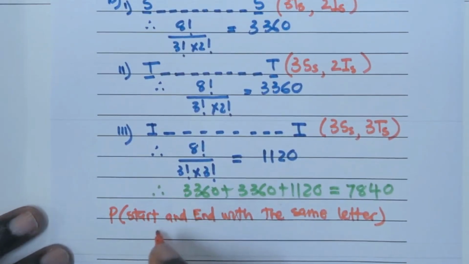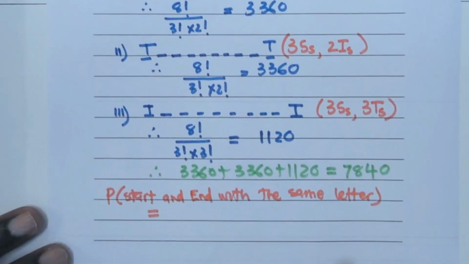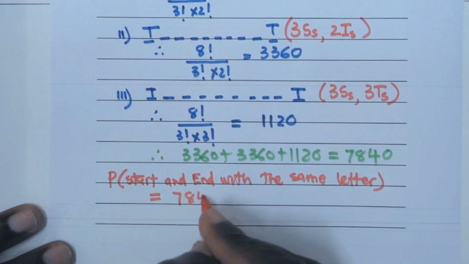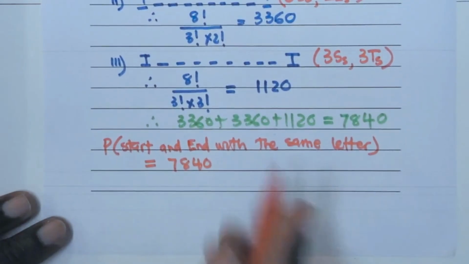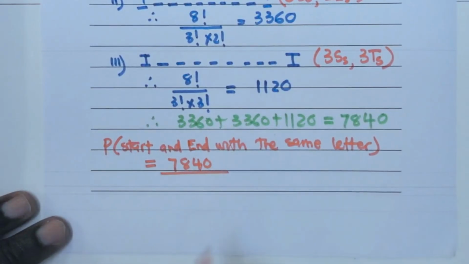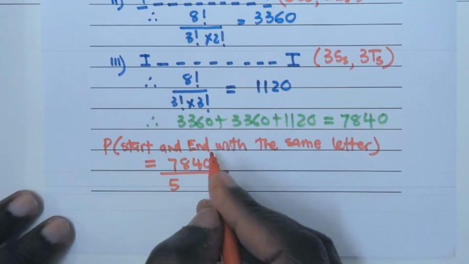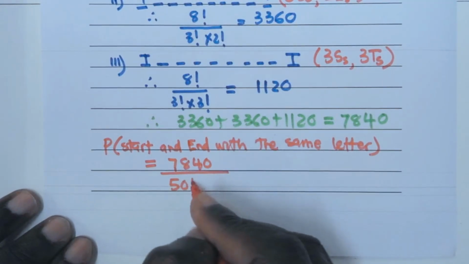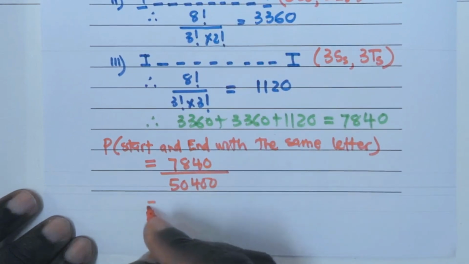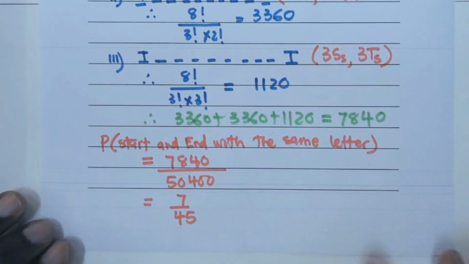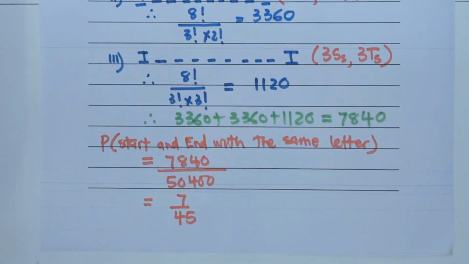And this is going to be equal to, and this answer here simplifies to 7/45. You can also write your answer as a decimal, or you can write it as a fraction.